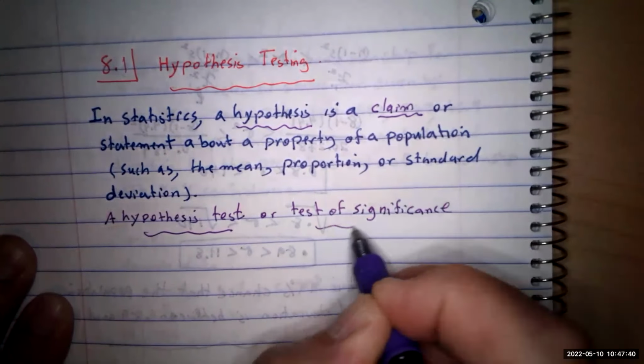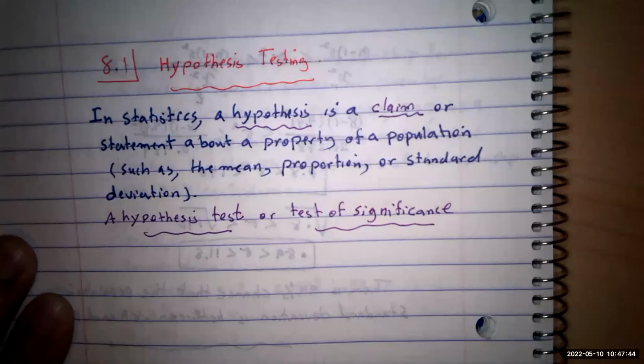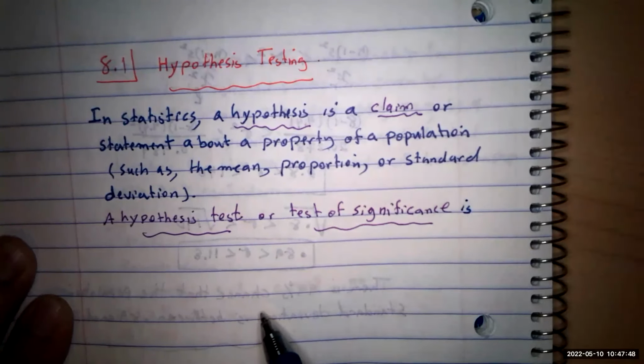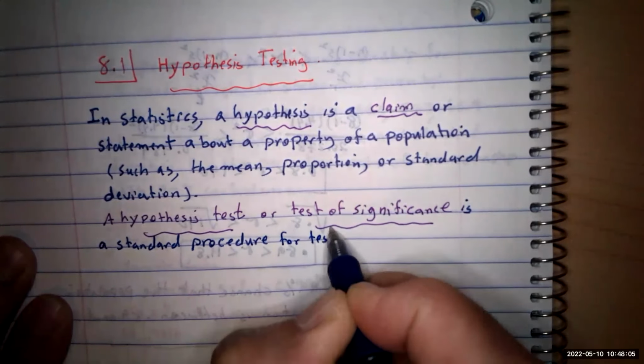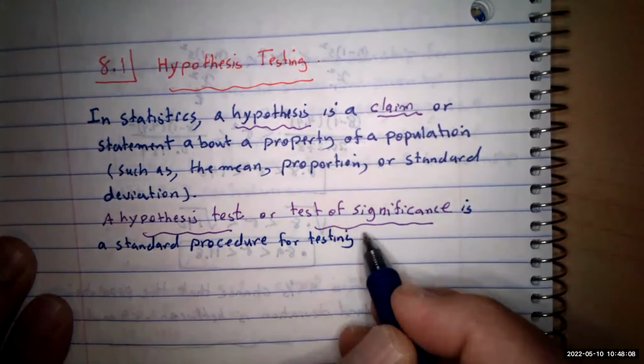Test of significance is going to be a standard procedure for testing a claim about a property of the population. So these are the expressions that we have.